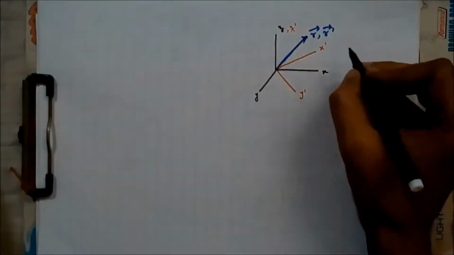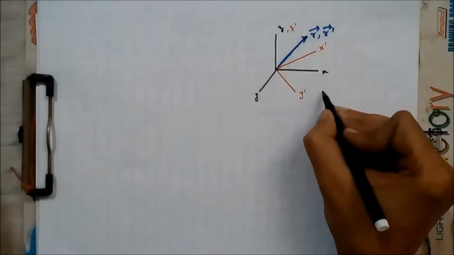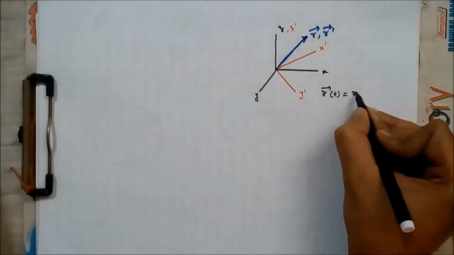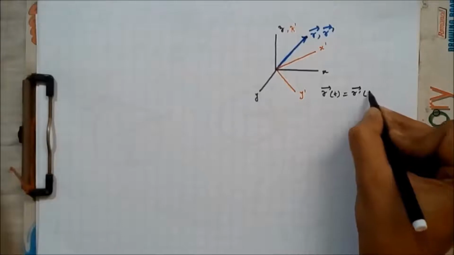I think this point needs a little bit more clarification. So first of all, I actually should be writing r vector of t equals r primed vector of t.